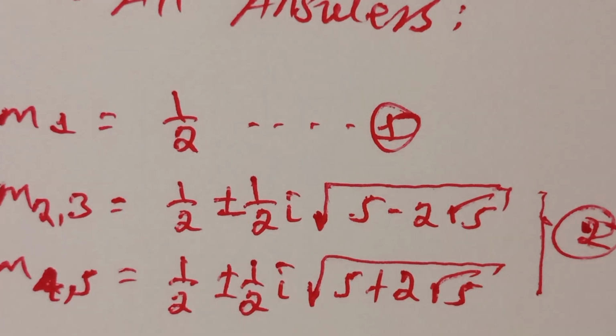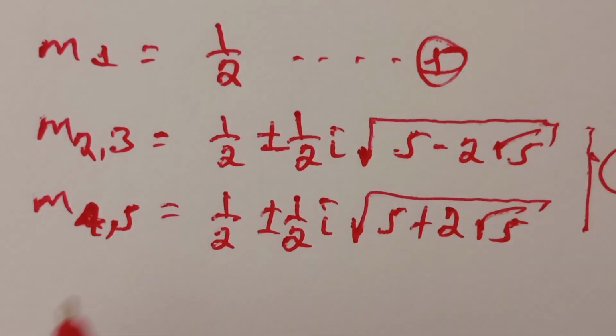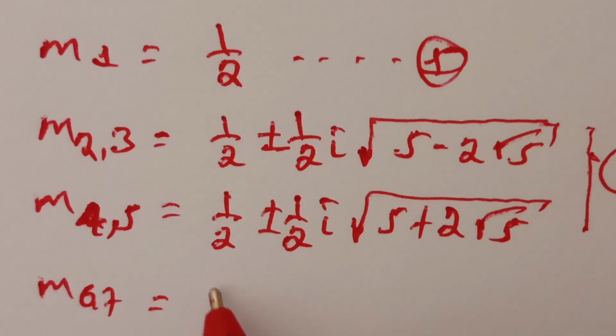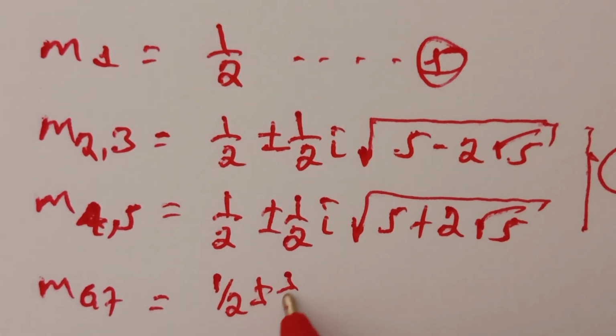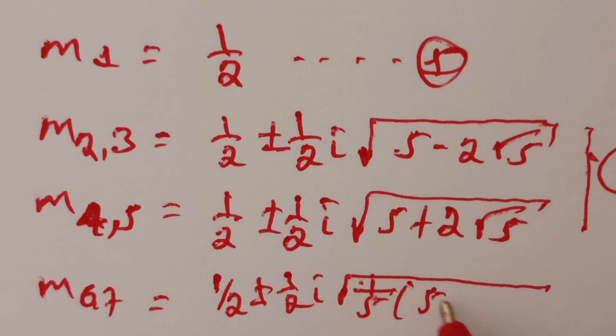Starting from equation 3, m6 and m7 are equal to 1/2 plus or minus 1/2 i under the radical of 1/5 times (5 minus 2 root 5).